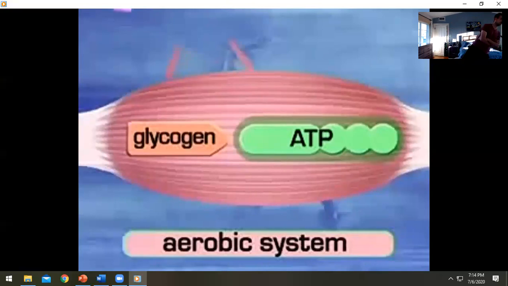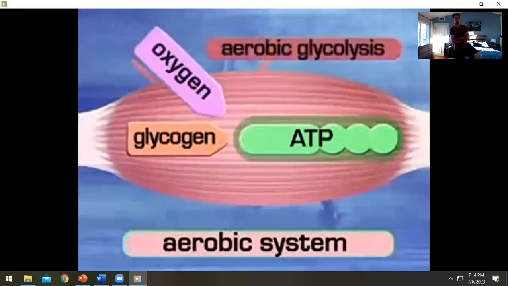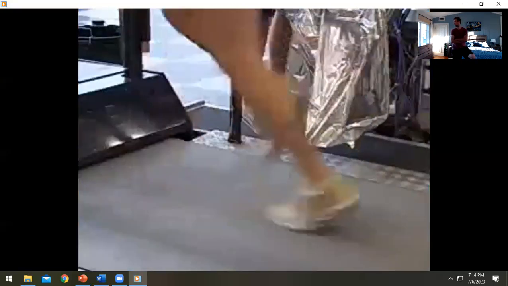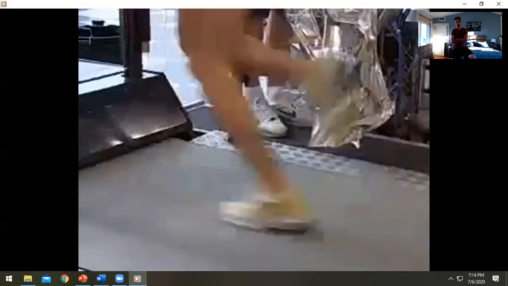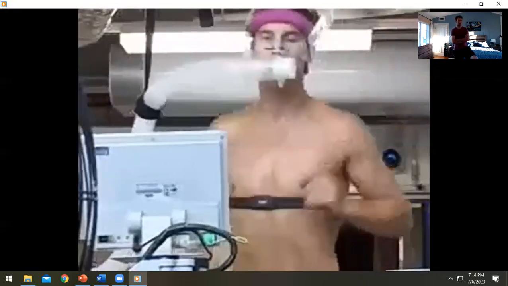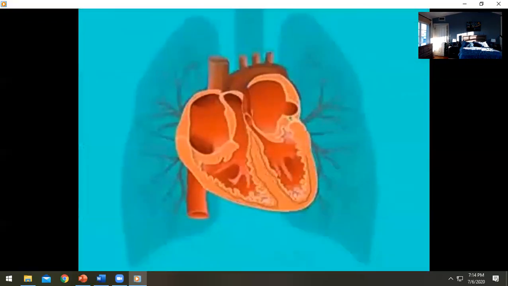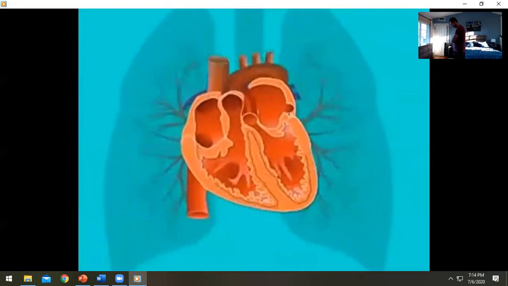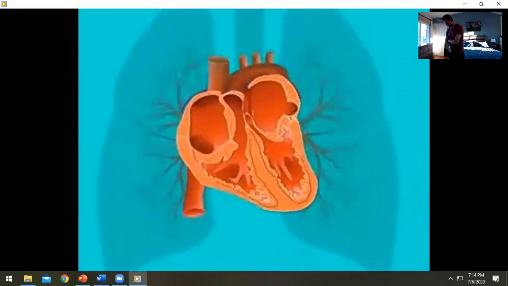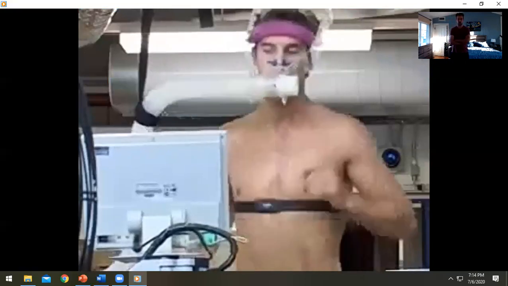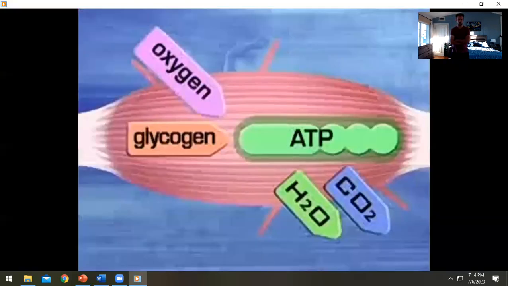Water and carbon dioxide are byproducts, which the muscle cells expel via the blood. This expulsion of the waste products prevents muscles from becoming fatigued in a short period of time. With the heart and lungs working harder to move greater volumes of oxygenated blood around the body, aerobic energy allows the muscles to keep on working and working.